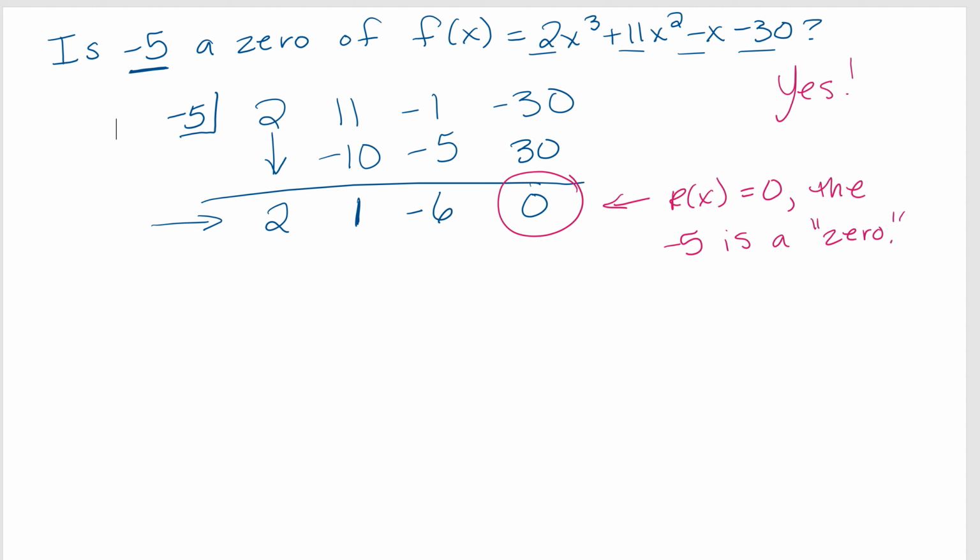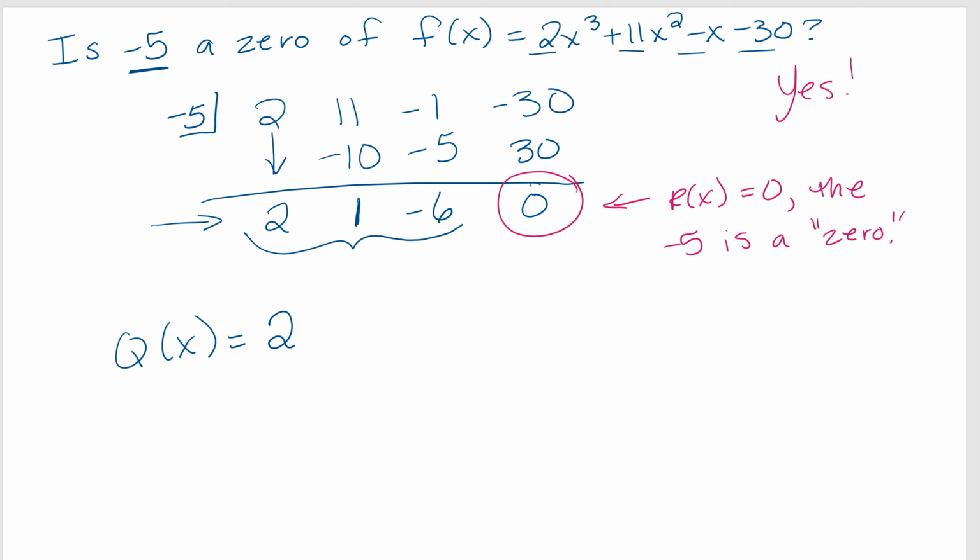I don't want to just test whether -5 is a zero. Maybe I'm also asked, what is the quotient? Again, we get our quotient from the remaining numbers here. This first number is the coefficient of the first term in the quotient.